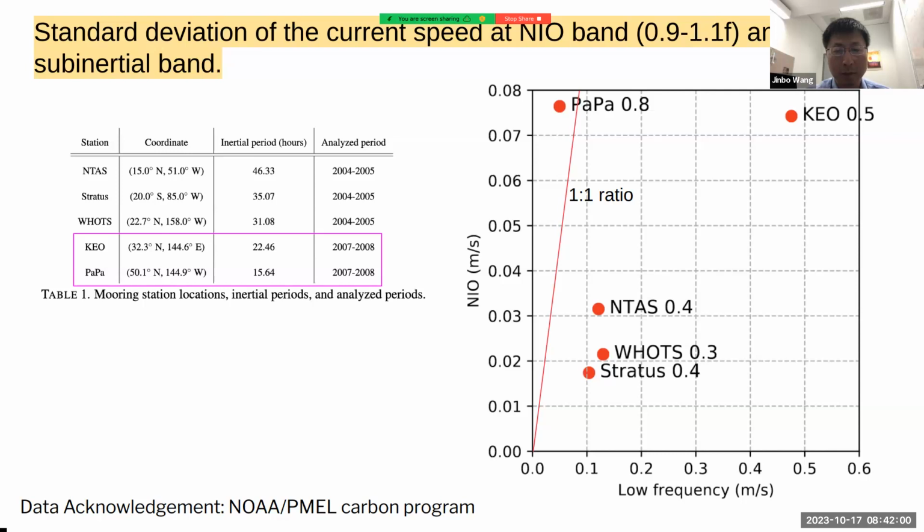Station Papa has more NIO signal. If you even subsample daily, you can still reconstruct the near-inertial oscillation pretty well because that's the dominant signal. In the KEO region, the mean, the low frequency dominates over Station Papa.